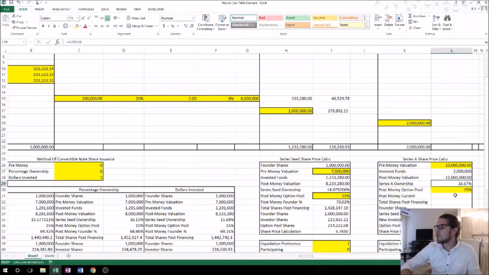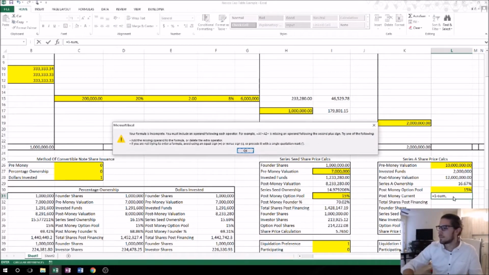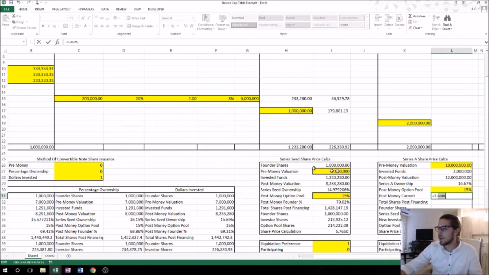So the post-money option pool, 15% again, that's what we're going to put. And so the post-money current percentage would be 1 for 100% minus the sum of what's being taken away, right?